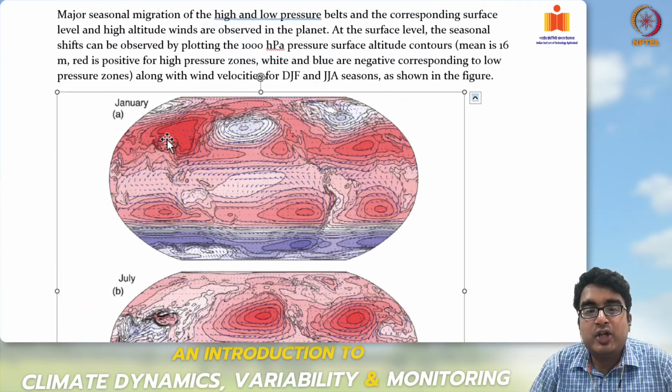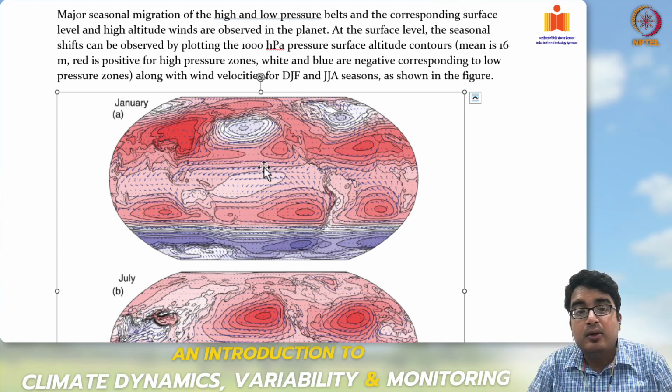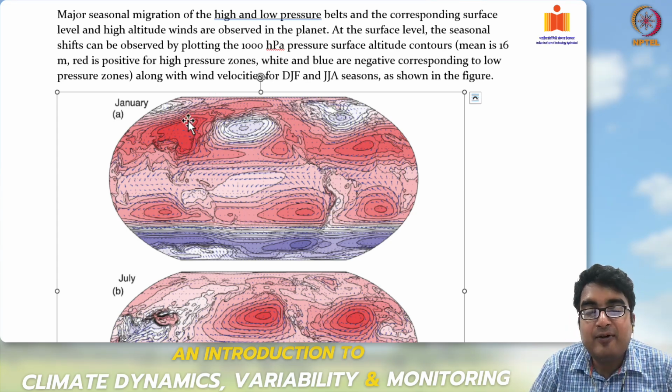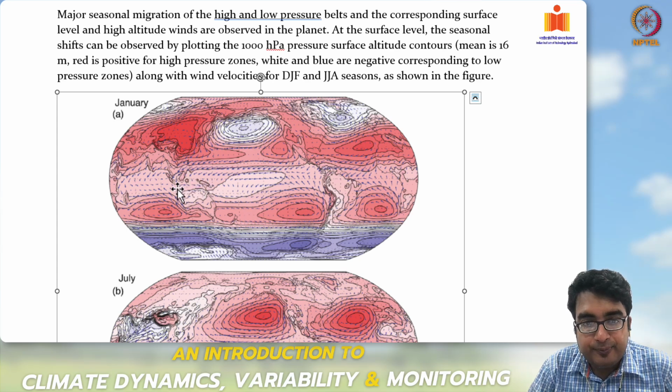So if you look at the January winds firstly, this is northern hemisphere winter. As we discussed before, we have a very strong high pressure zone developing over the interior of Asia. Firstly, what you see here in January is a tropical low pressure belt around this point.